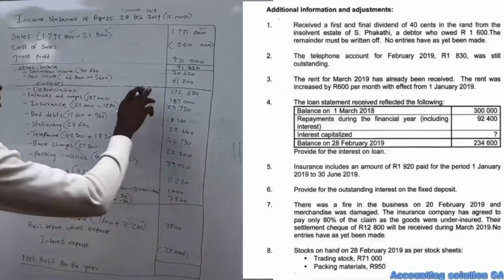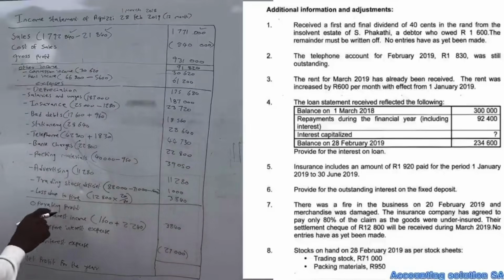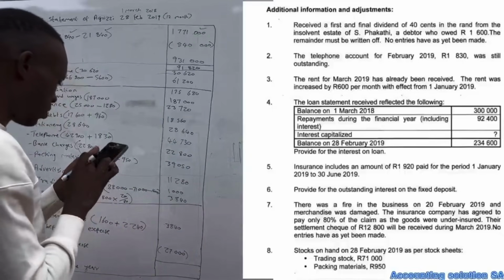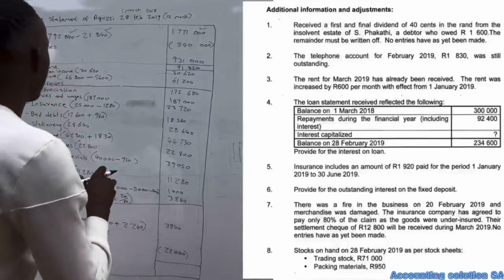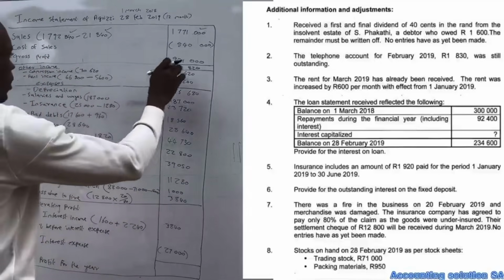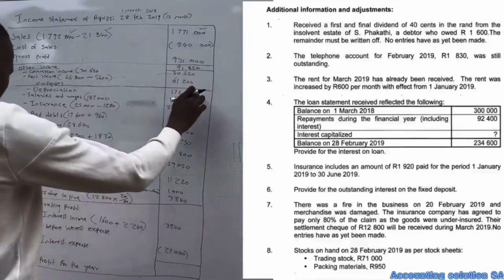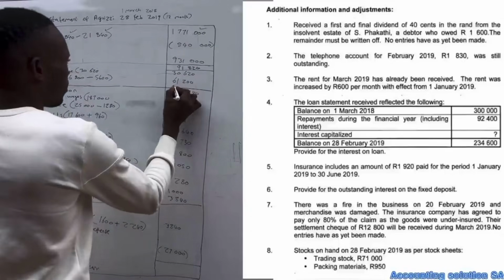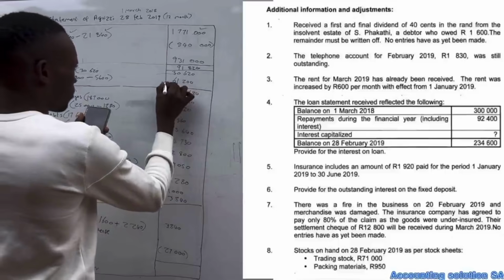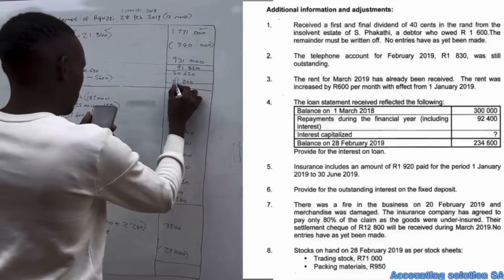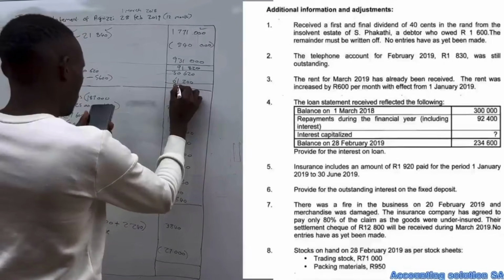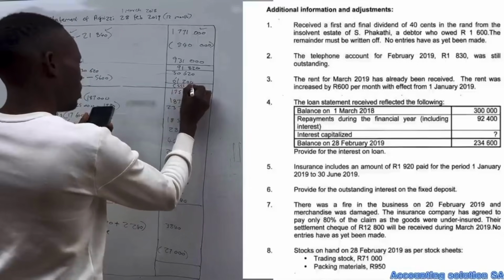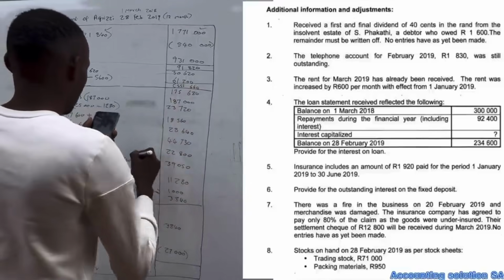Okay, now let's calculate operating profit. In order to calculate operating profit, you must take other income and subtract expenses. Total expenses, we have 1,555,660.